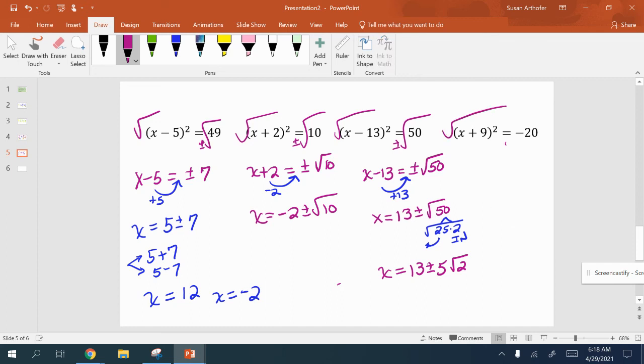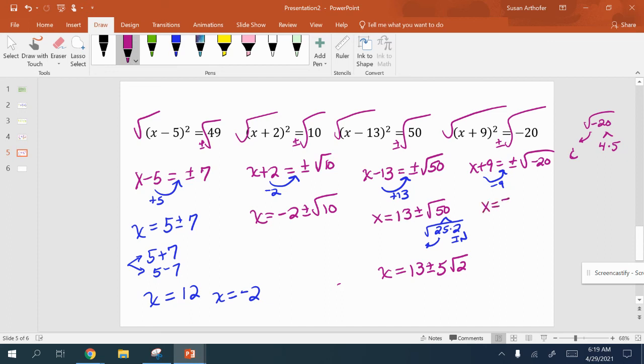Last one's going to have an i in it because it's negative 20. Also, I know I'm going to have to break up 20. The negative will come out as i. 20 is 4 and 5, so I hope you broke that up. Okay, out comes x plus 9 equals plus or minus square root negative 20. Pop my 9 over, subtract 9 from both sides.